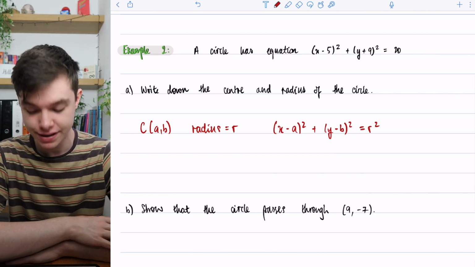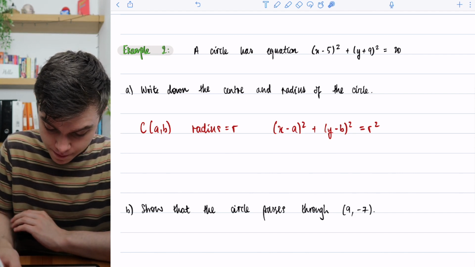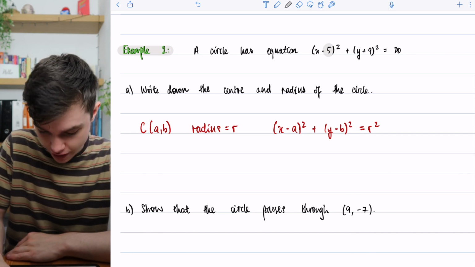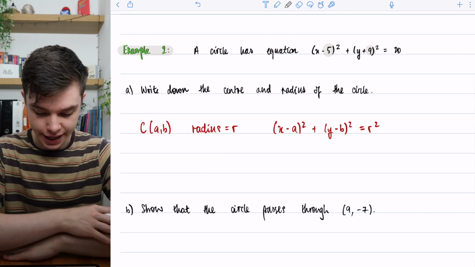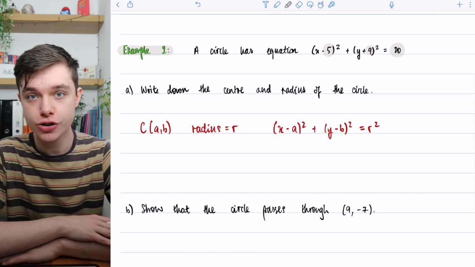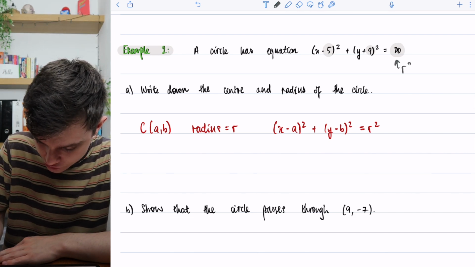So let's just compare it to that form. The centre is going to be this number there without the negative and that number there with the negative, because we take the opposite sign, okay? And then this here is the radius squared. So we think this is r squared.